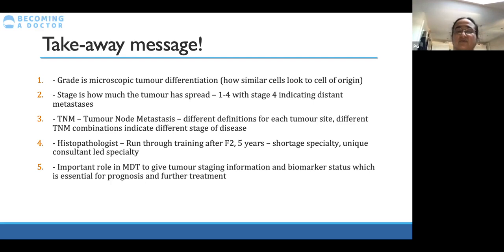Actually most general histopathologists are diagnosing the living the majority of the time, so that's an important thing to bear in mind. And we have an important role to play in the MDT to give all the tumour staging information and the biomarker status. Those things are all really important for prognosis and further treatment.